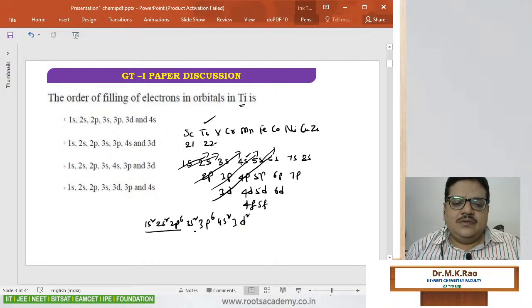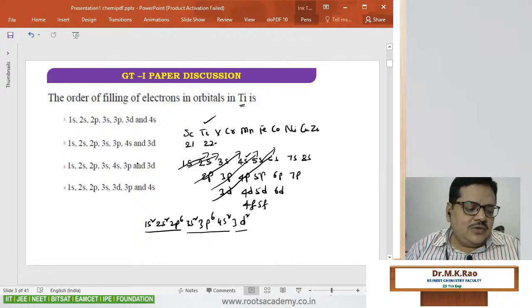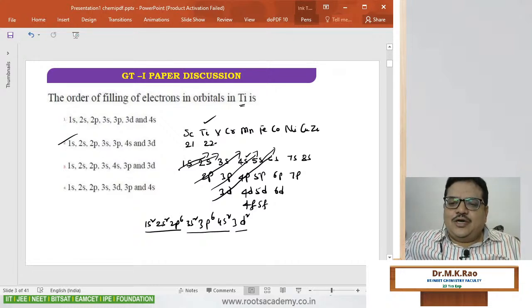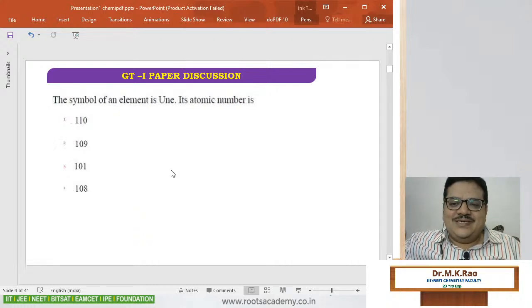Now 10, 20, 22. So what is your option now? 4s and 3d. It is the second option. Okay, next.